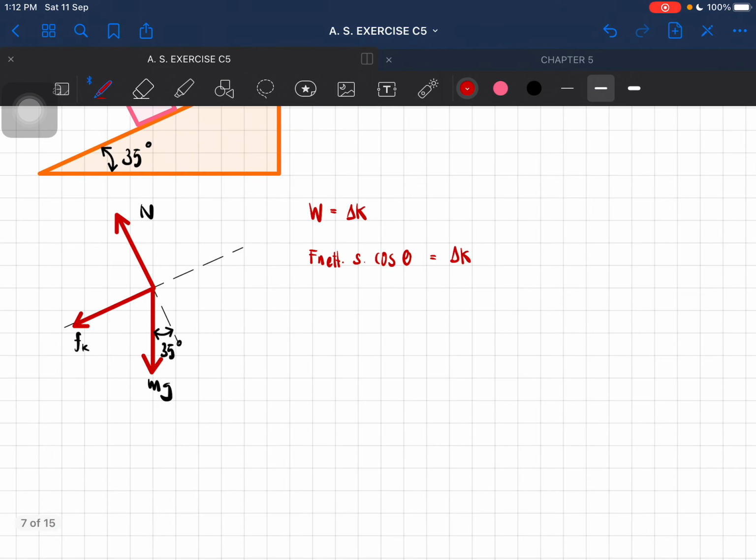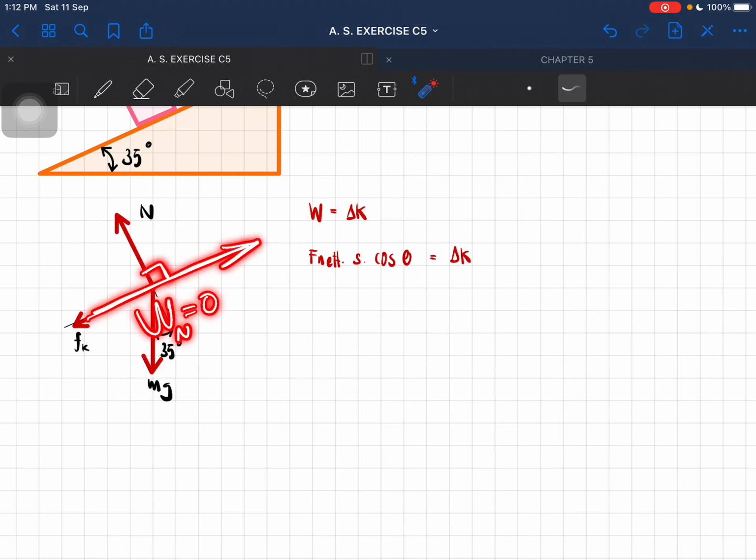Okay, so what I will do is I will consider all these forces, the work for all these forces, for friction, for the weight, and the normal force. But the work by the normal force should equal 0, because this is 90 degrees to the displacement, to the distance, which is s here.